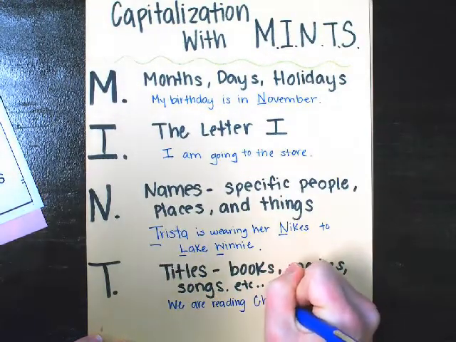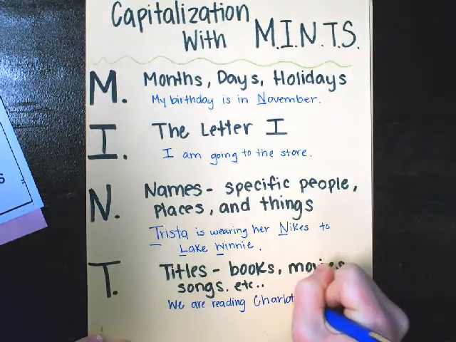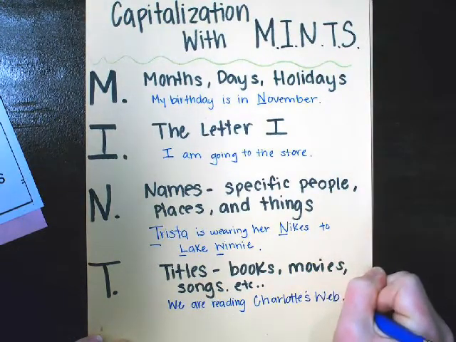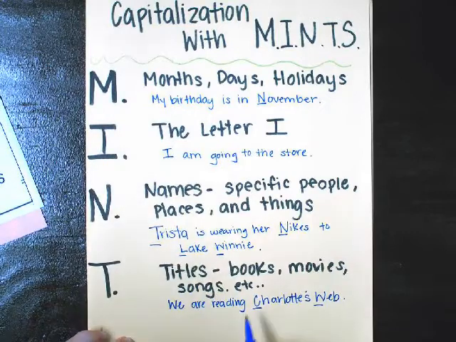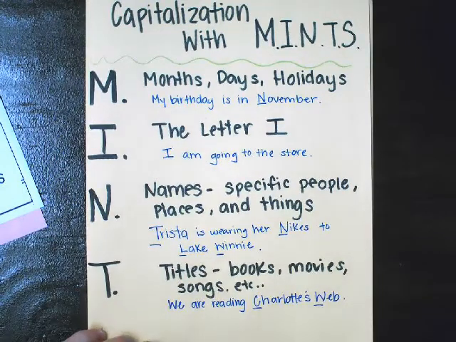Anyone guess what book this is? Charlotte's Web. So we are reading Charlotte's Web, and I have the C in Charlotte capitalized because that's the title of the book, and the W in Web capitalized because that's also part of the title.